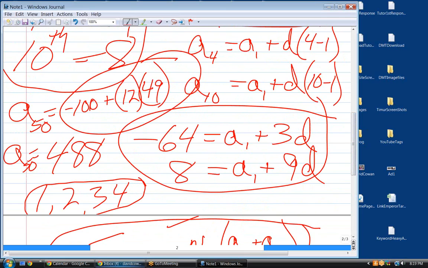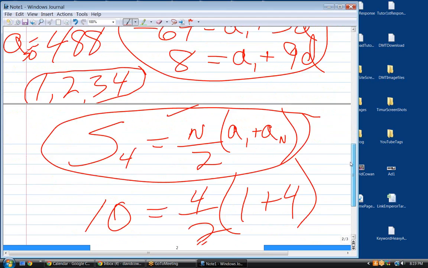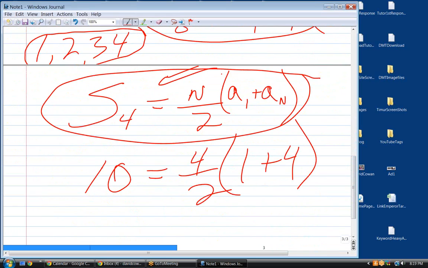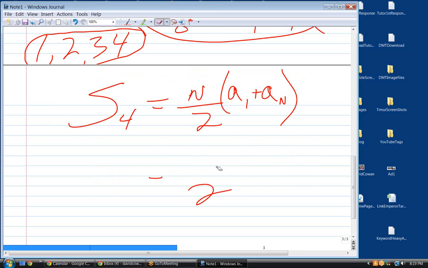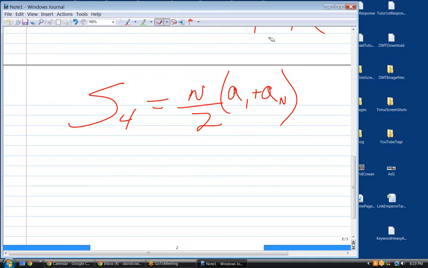But at least I used the correct formula, and I don't have any doubts about it now because I tested my formula on a sequence that I knew. The first time we worked it, I had 2 over n, which was backwards, and that's because I didn't test it on a known sequence.